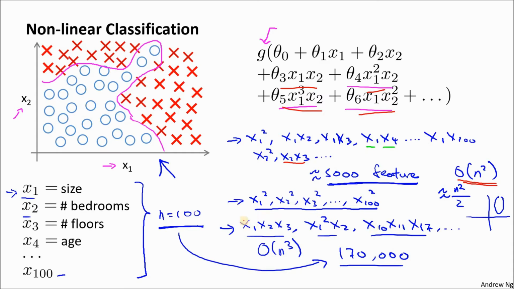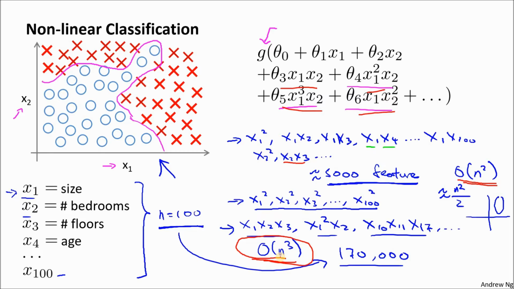But when the features are more and you have bigger data sets, it can take even much higher time complexity, which is O of n cube. N cube is a polynomial time complexity, and it is quite costly.